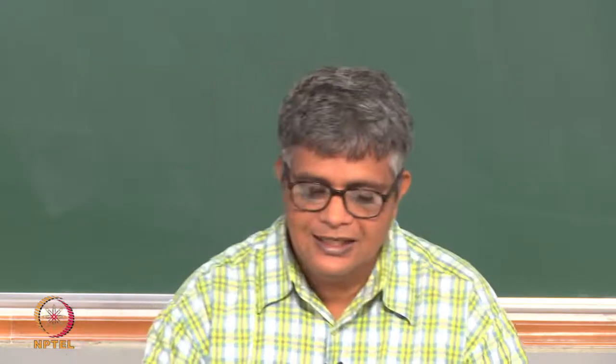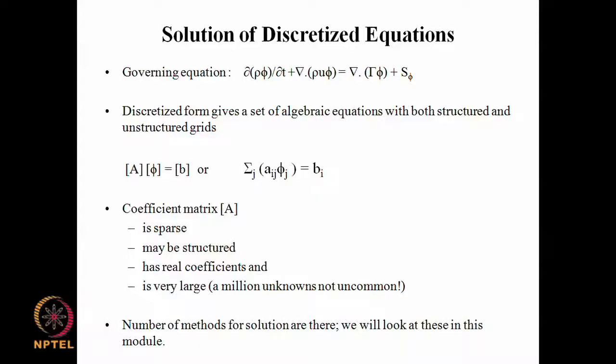So in that sense, if you only were to put the non-zero points, it will be like stars in the sky. You will see only some of them which are non-zero and most of them are 0. And so sparseness is a very characteristic feature of a coefficient matrix of A phi equal to B that is obtained from a CFD solution.